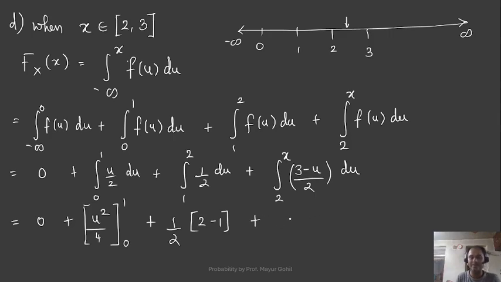And here, when you integrate, you have a chance to integrate it in a different way also, but I'll integrate in a very straightforward manner. So it is 3 by 2 u minus u square by 4, and here it is from 2 to x. Okay, so let us substitute the values one by one and get the answer.